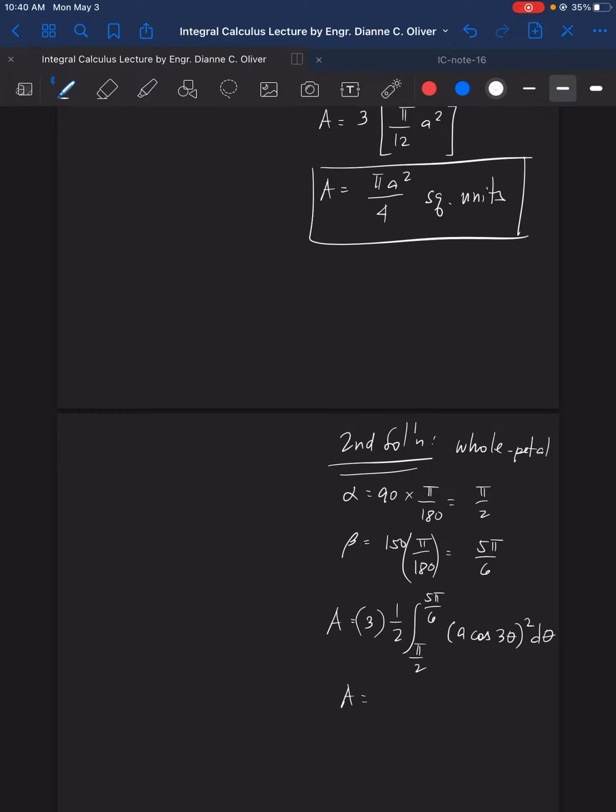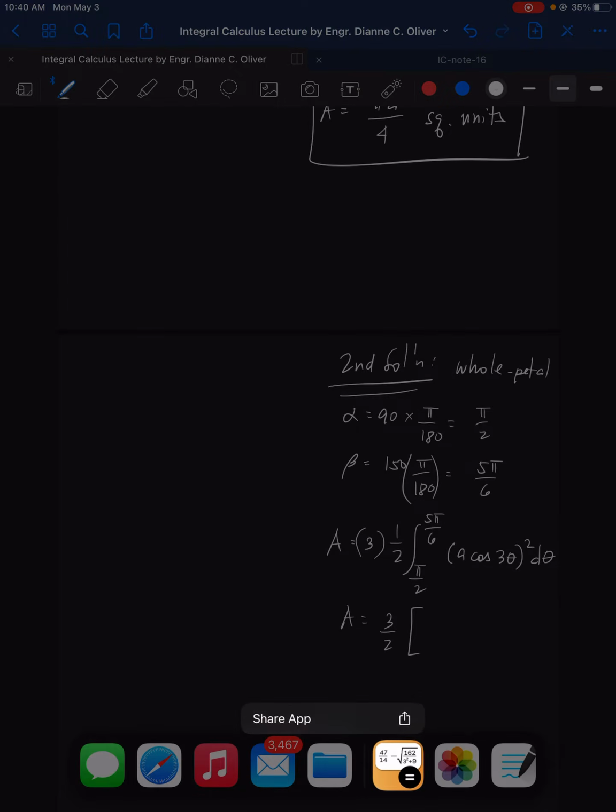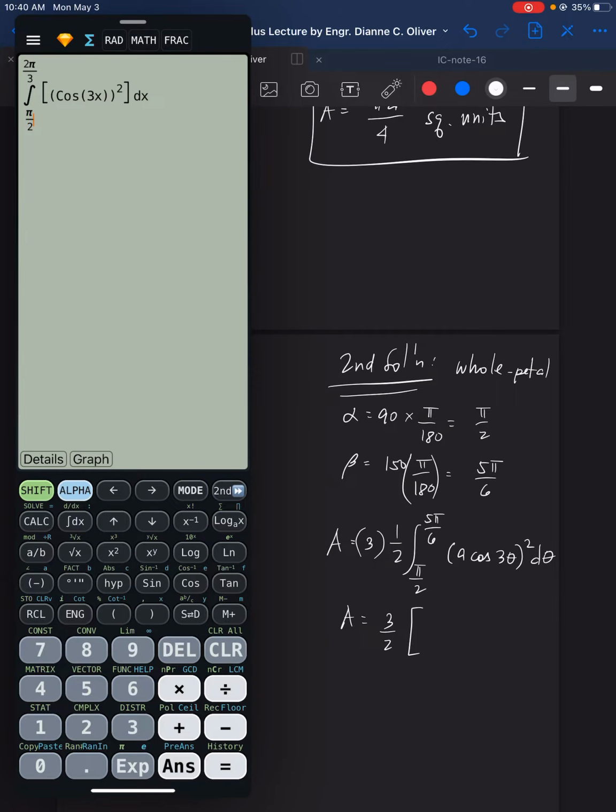So area is equal to 3 halves times, let's change the limits, 5 pi over 6, equals pi over 6 a squared. Therefore, area is equal to pi a squared over 4 square units. Still the same.